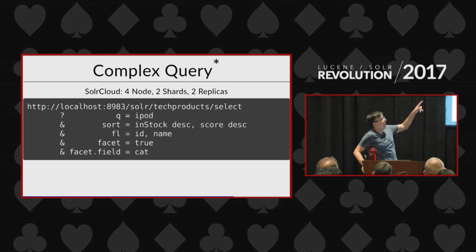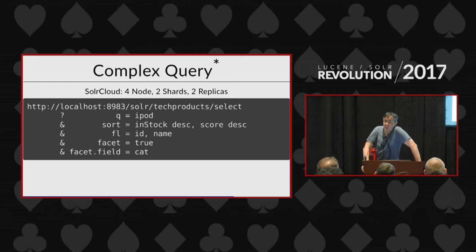I will point out there's an asterisk here. This is not as complex as the last complex query we did because a lot of it doesn't matter. I got rid of the filter query. I got rid of the document transformer because in a cloud situation, nothing is different about how those are executed, right? Those are still things that apply, in the case of the filter query, only when doing the search on the individual shard because they're very much local to the documents.